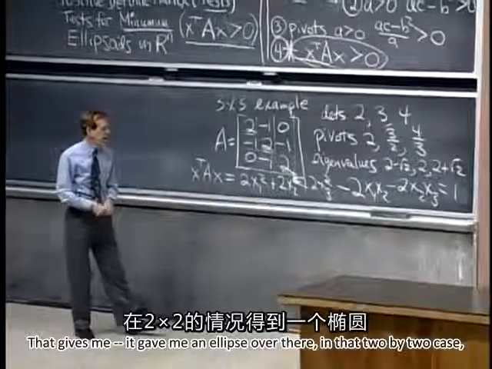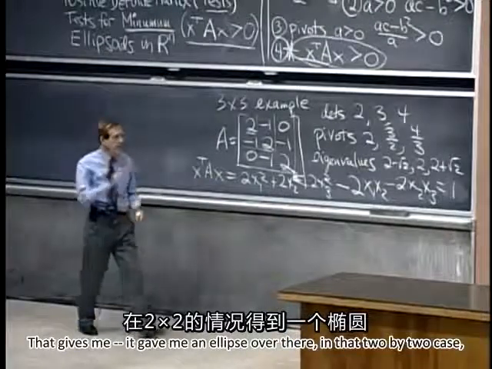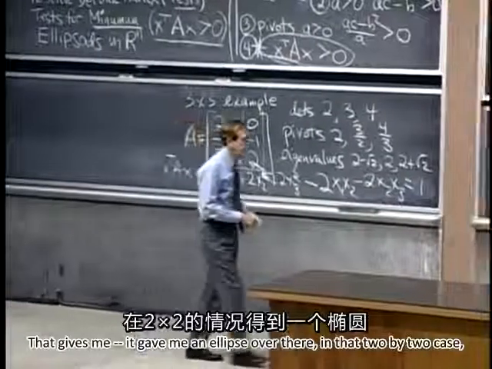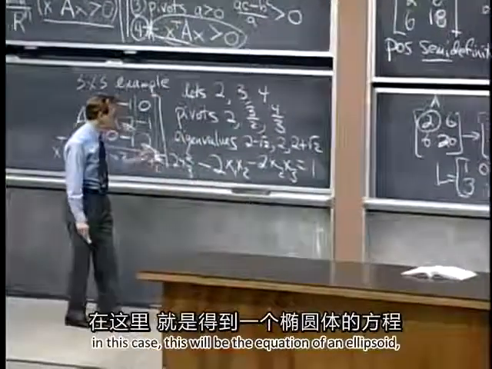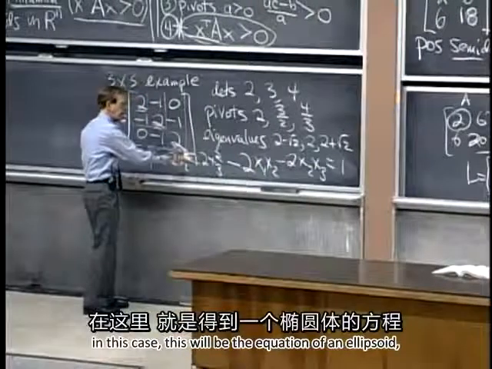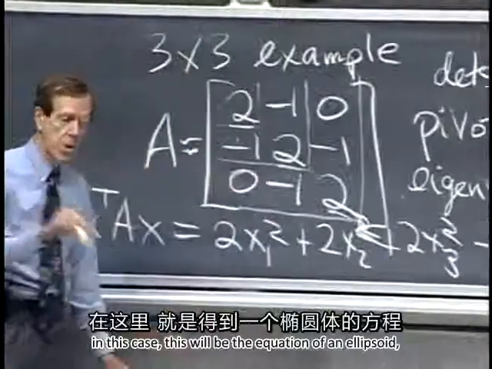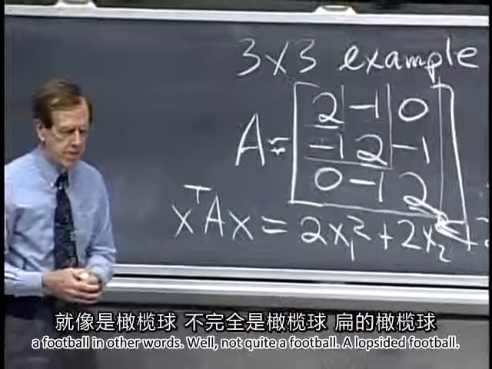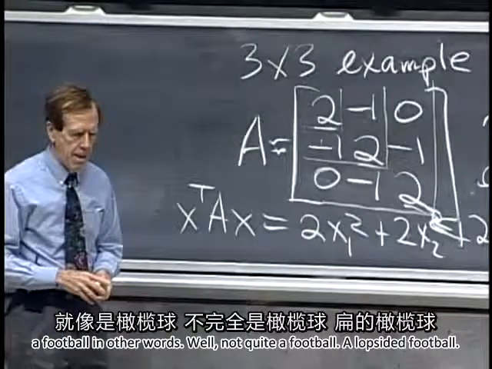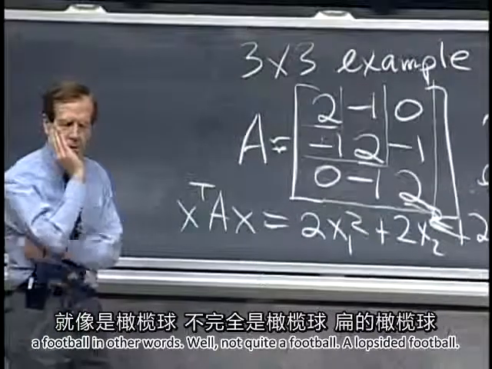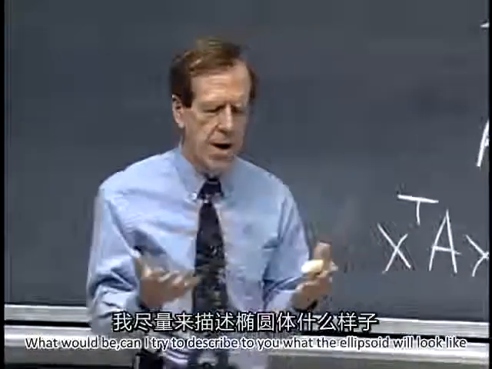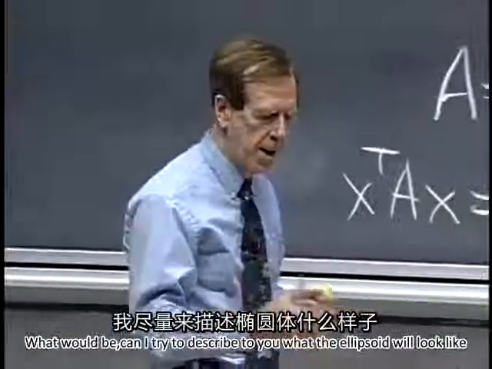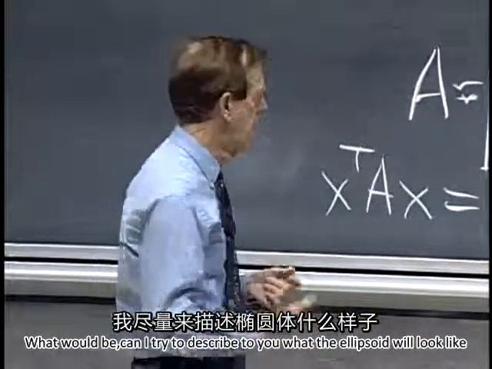So I take all the points that are at height 1. That gives me, it gave me an ellipse over there in that 2x2 case. In this case, this will be the equation of an ellipsoid, a football, in other words. Well, not quite a football, a lopsided football. Can I try to describe to you what the ellipsoid will look like?